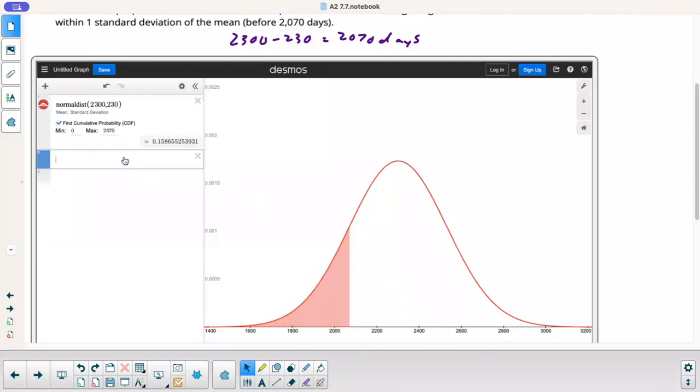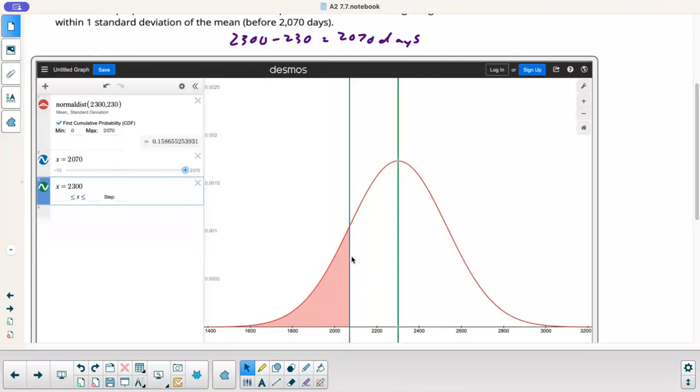Okay, so if I type this in x equals 2070, and I type another one in x equals 2300, that right there, this region is one standard deviation to the left of there. If I want to go another standard deviation, I would subtract 230 from there, and I would get another line over here, but not really necessary.